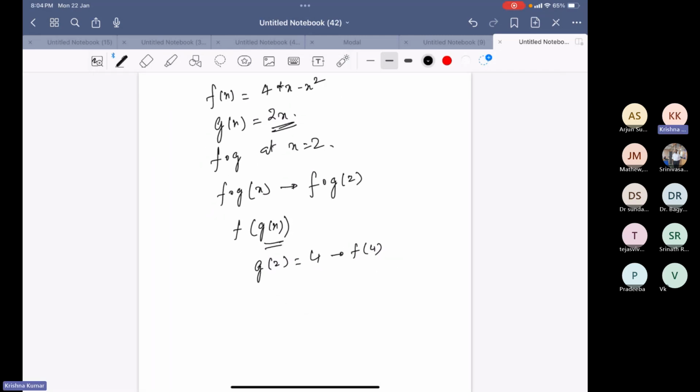But what is f of 4? I have to substitute 4 in this expression. So 4 plus 4 minus 4 squared. This means it is 8 minus 16. Is that clear? So that's how you calculate composite functions.